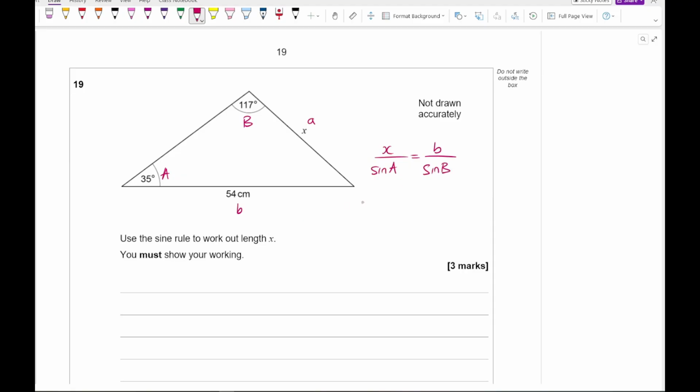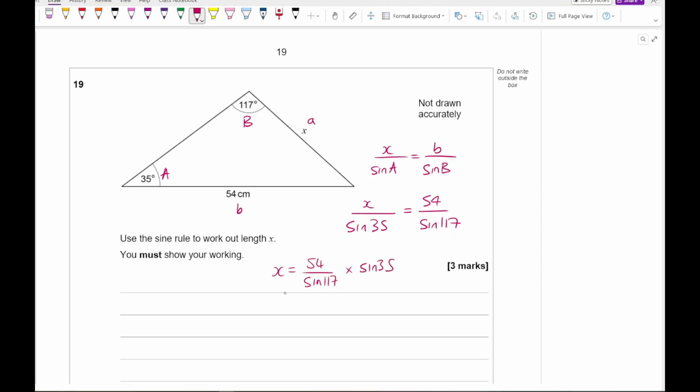So substituting those numbers in, I get x over sine 35 equals 54 over sine 117. Then making x the subject, I get x equals 54 over sine 117 multiplied by sine 35.